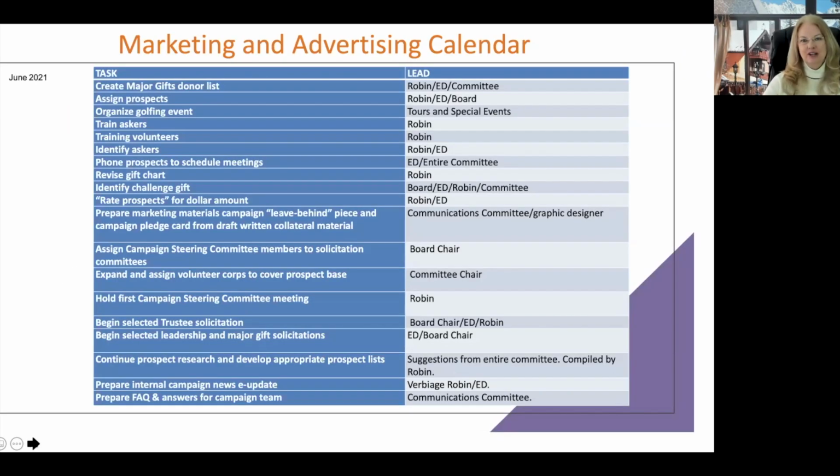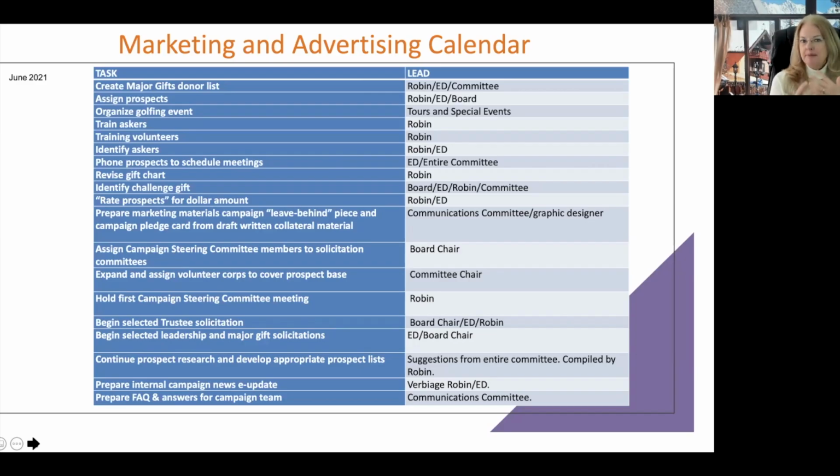Okay, I said I was going to talk a little bit about this marketing and advertising calendar. What I like to do is, this is an Excel spreadsheet, and I like to break it down into the nitty gritty, because you've got a new nonprofit and there's all these things that you could do. But I want you to break it down into the task and who's the lead. Now, the lead is probably going to be you on most of the things, but remember your board, remember your volunteers.